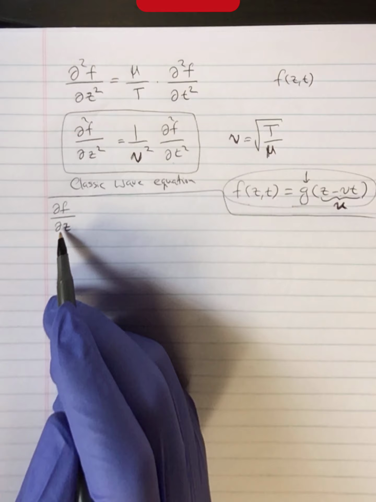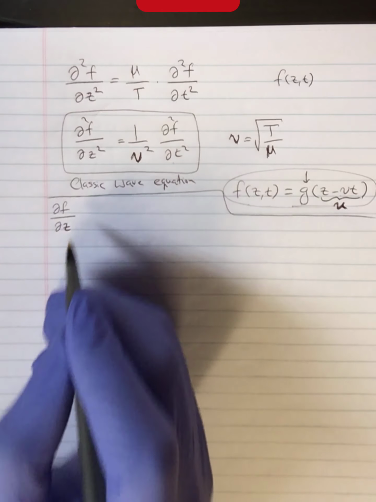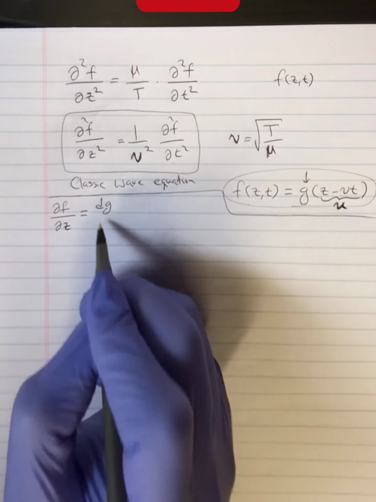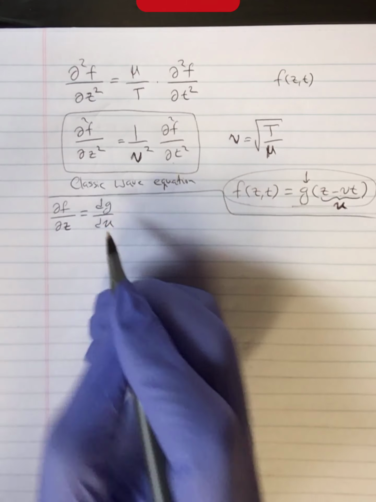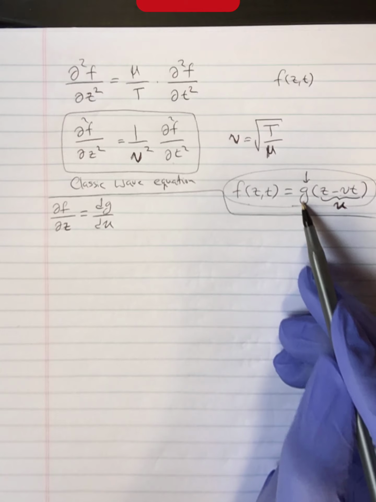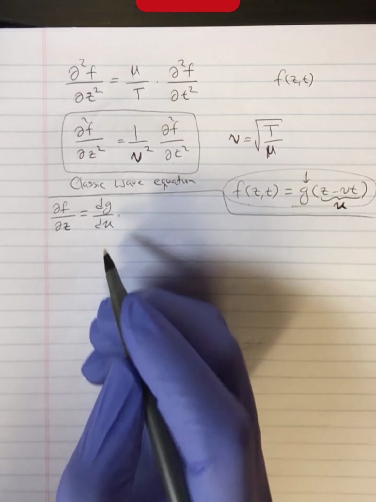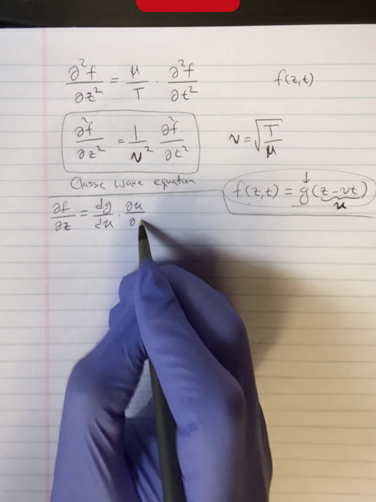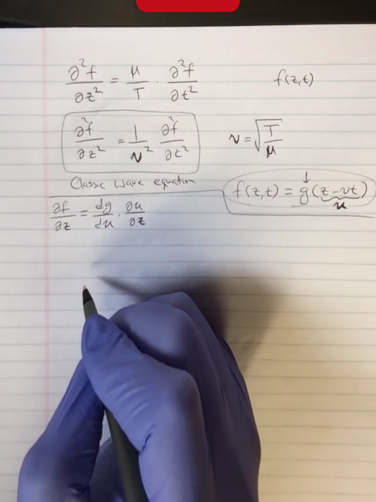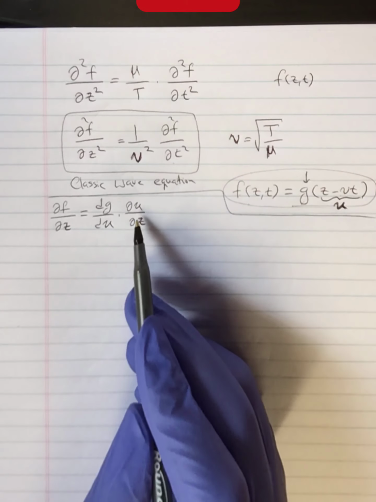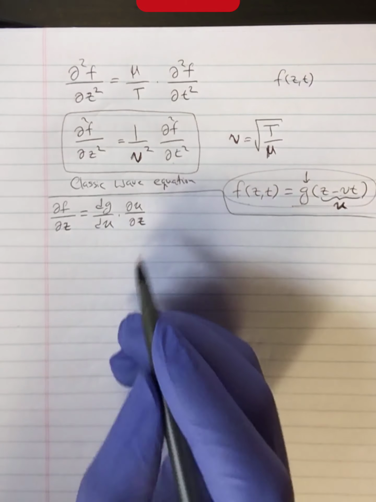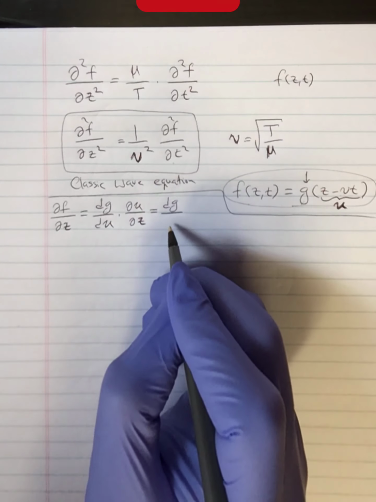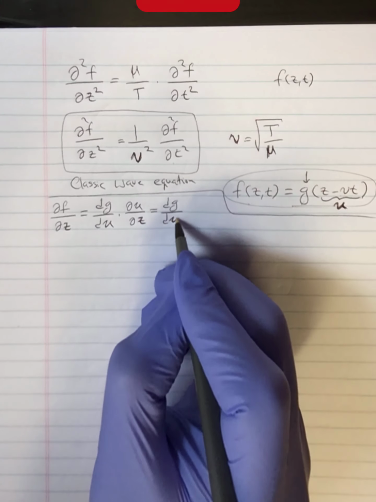So dF over dz, I would write it in terms of dg over du, which is the derivative of this with respect to u, and then it should be multiplied by the derivative of u with respect to z. And now the derivative of u with respect to z is just 1, so this is equal to dg over du.